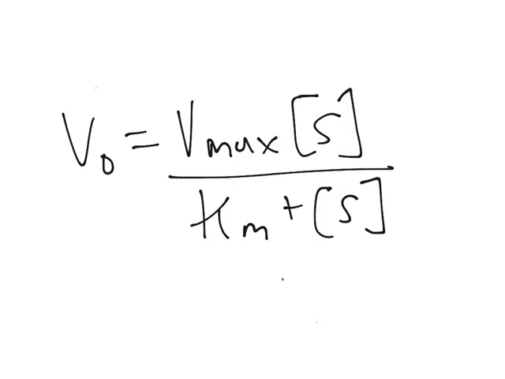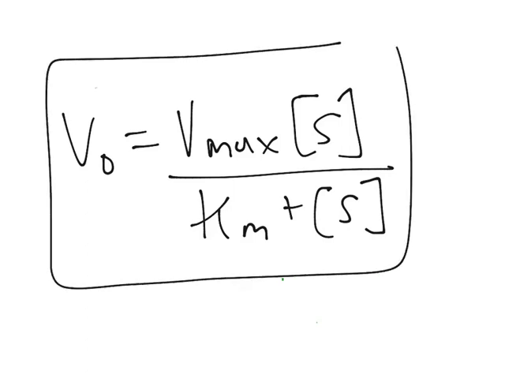All of the terms in this equation can be measured experimentally. This is the Michaelis Menten equation that describes the kinetic behavior of an enzyme. We're going to talk about what V0, Vmax, and Km really mean and how we use them. But even though we're just going to use this equation now, it's important to understand the assumptions it's based upon, because they were really important in the derivation of this kinetic model.